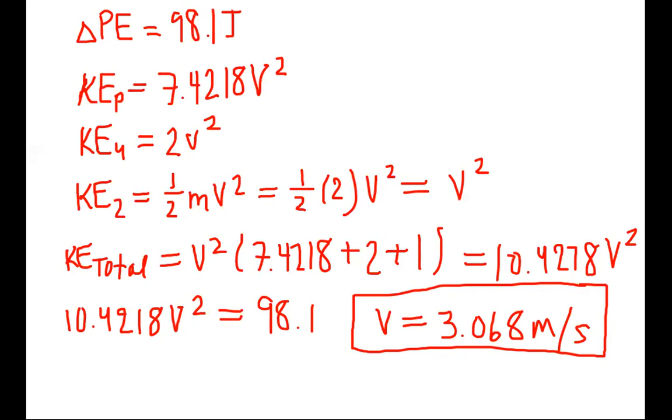And to be fair, we didn't do anything with the string, but we stated it's a massless string, so we don't need to worry about that. So always make sure that you include every component. Think about how it's changing, where the energy is in the system.